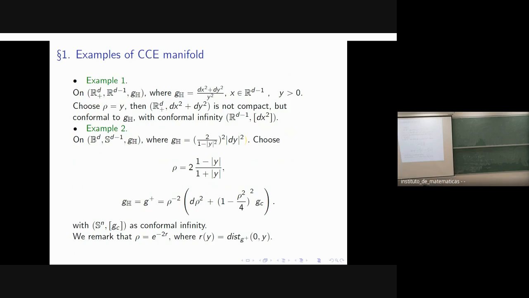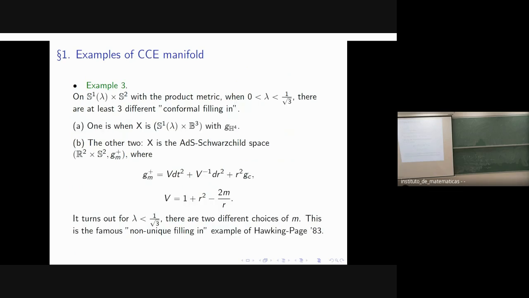And now, of course, there are a lot of other specific examples. Another important example to work on in this field is that given a boundary, the same boundary may have different extensions, different fillings in of the manifold.